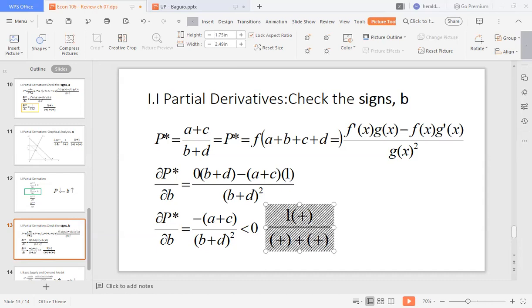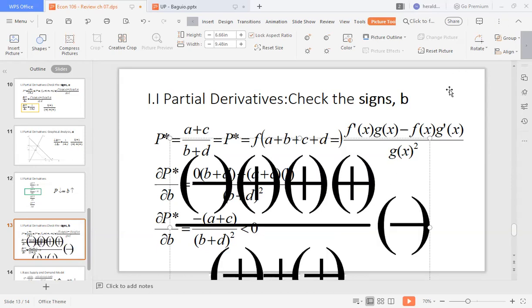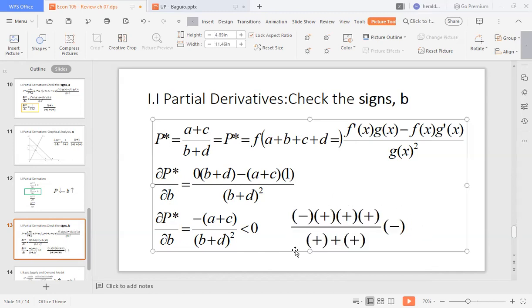We also have positive A because again, going back to our assumptions, and B is positive. So the overall sign here is, okay, all right. Putting that one on the side.